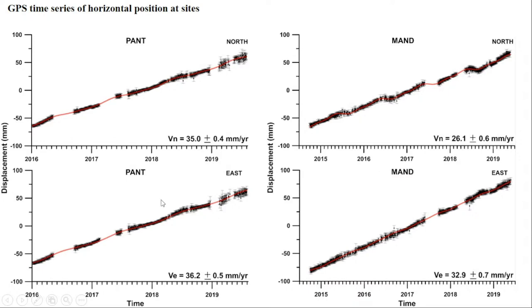Also in the east-west component, it is almost linear, and the same for Mandal, because in the east-west direction this seasonal movement is less. You know that the Indian plate convergence is going in the northeast direction, so we can expect more impact of seasonal hydrological loading in the north component.